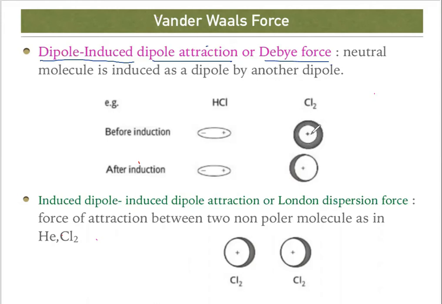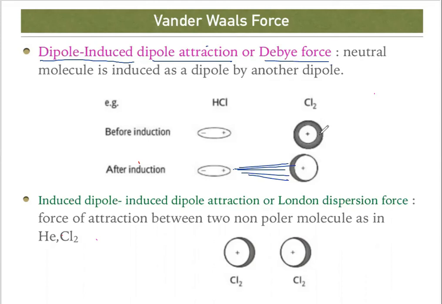Whenever this molecule is exposed to a dipole, what happens? This is a positive charge and these are the negative electron density. So the negative electron density is attracted by the dipole. This one is positive, right? The force of attraction created by this dipole is going to attract all the negative charge of this Cl2.